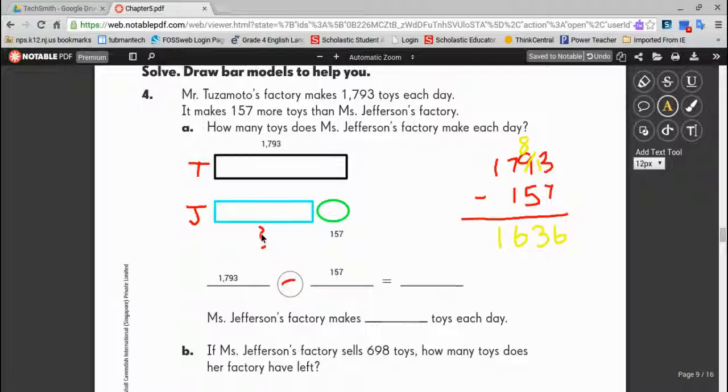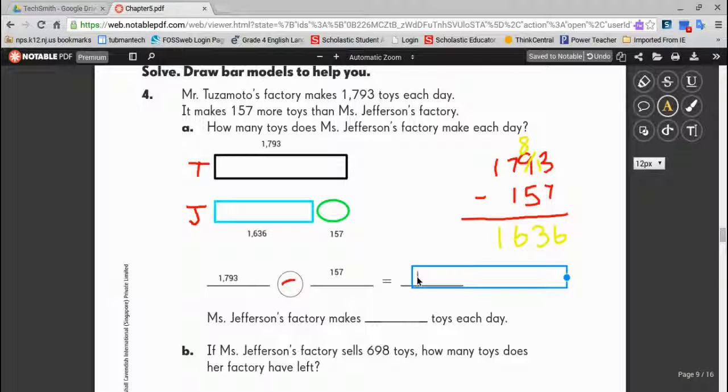Okay, let's put that right in my bar model. So I'm going to get rid of my question mark. And I'm going to put my answer 1,636 in my bar model, because I know right now that's how many toys Mrs. Jefferson's factory makes.